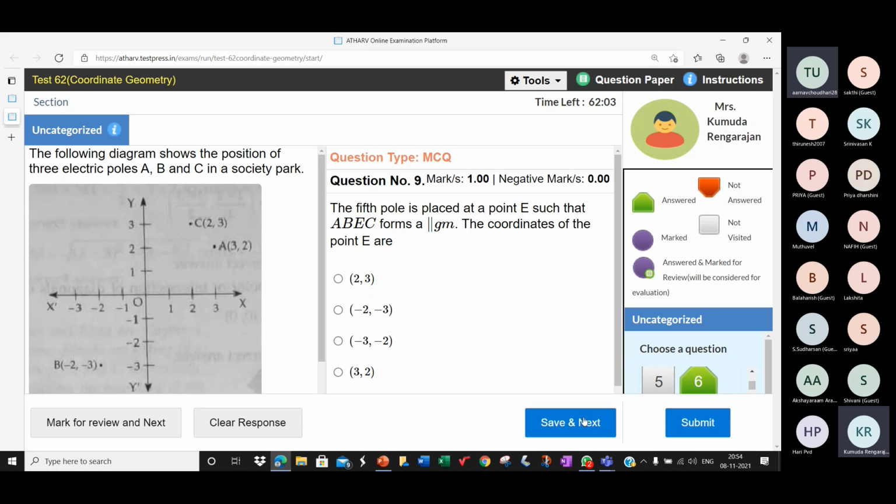What are the coordinates of the midpoint of the diagonal BC? 3 minus 2 by 2.